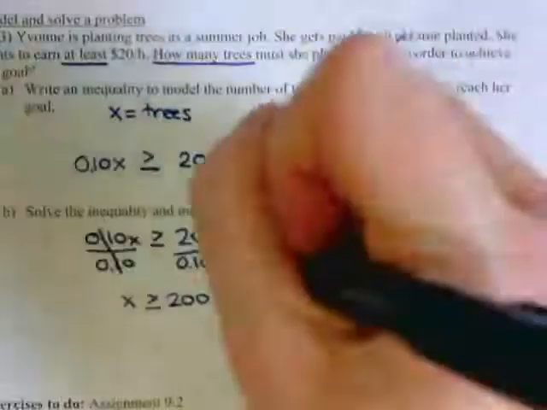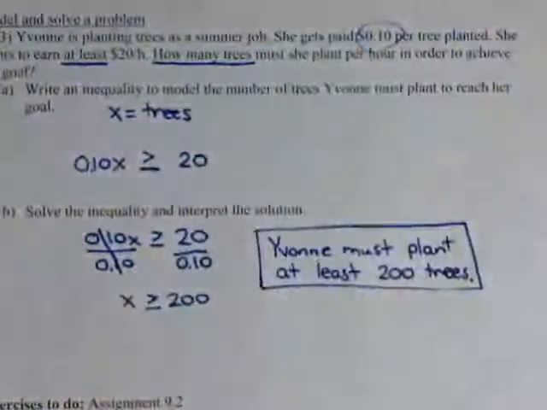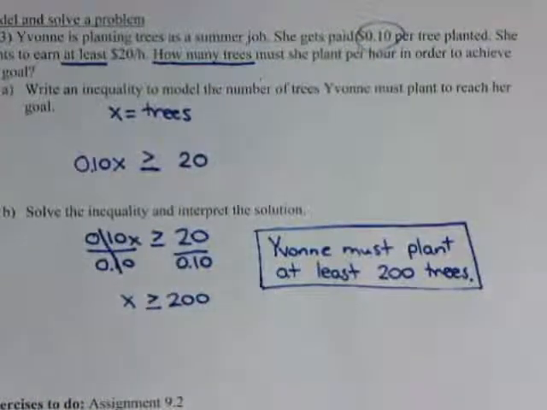You can also say, our final answer, you can also say Yvonne must plant 200 trees or more. You can say something to that effect, but you have to make sure you are saying something to the effect of how it is 200 trees or more that she can plant in order to reach her goal.